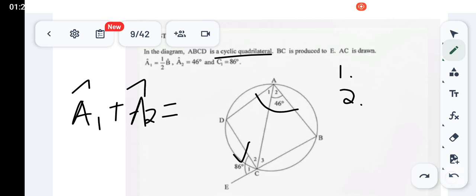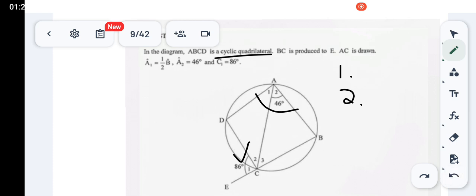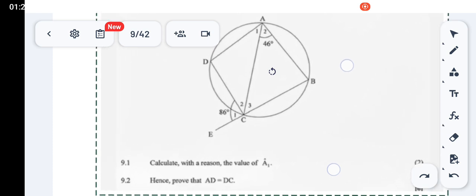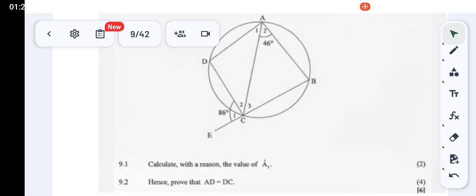All right, let me erase here so that we can answer the questions. So, the very first question, 9.1, is saying calculate with a reason the value of A1.